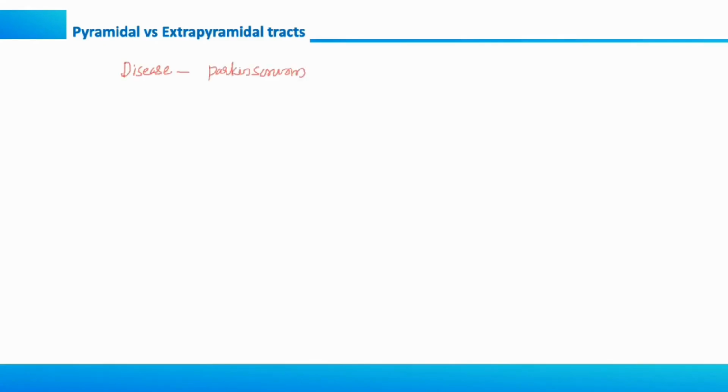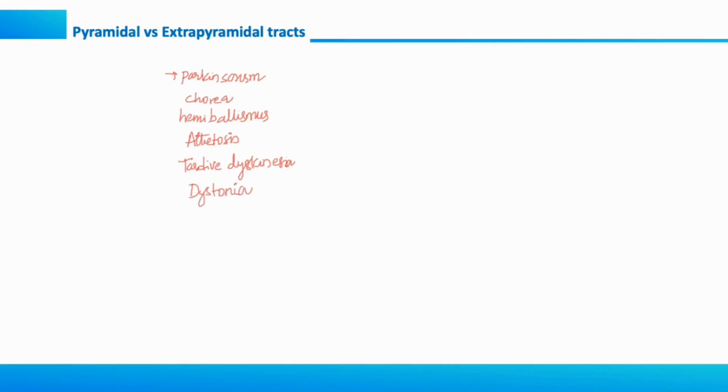There are other examples for extrapyramidal tract disease like chorea, where you see dancing movements, hemiballismus, where you will see violent movements of the upper limb, athetosis, tardive dyskinesia, and dystonia. This is the list of extrapyramidal diseases which are commonly seen in clinical practice.